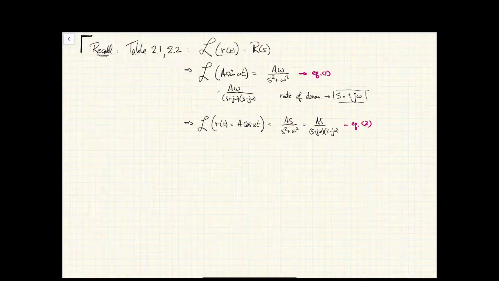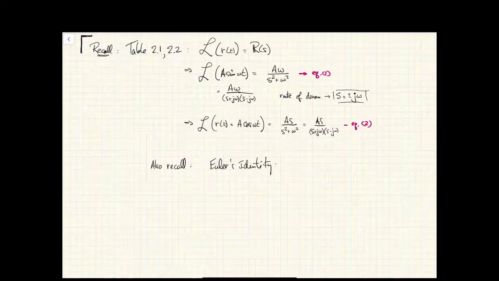Also, since we're going to be doing this, let me refresh you a little bit with something we talked about when we talked about the phasor/polar notation. Also recall, because we've got these j's there, it's going to come in handy in a little while, Euler's identity. A couple of weeks ago, I brought that up in class.